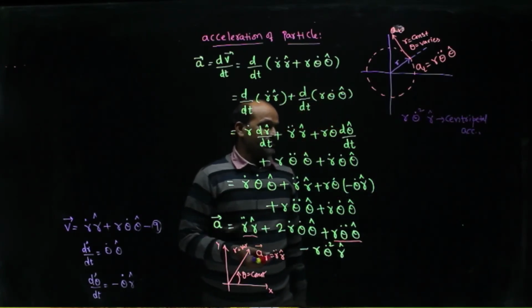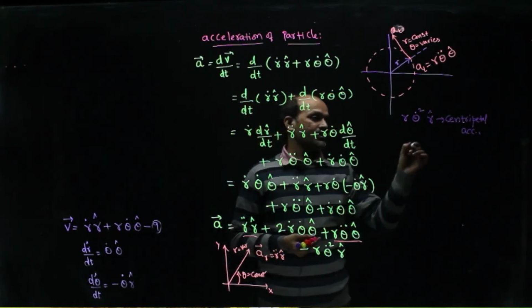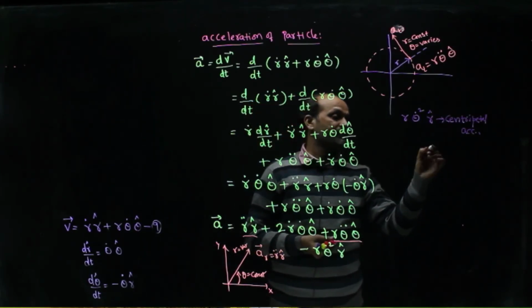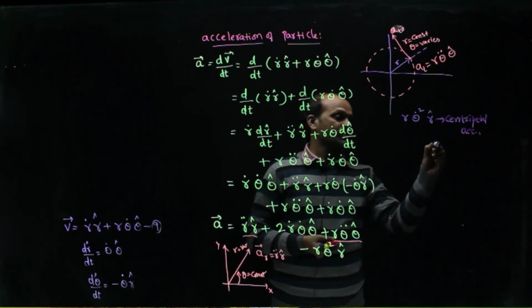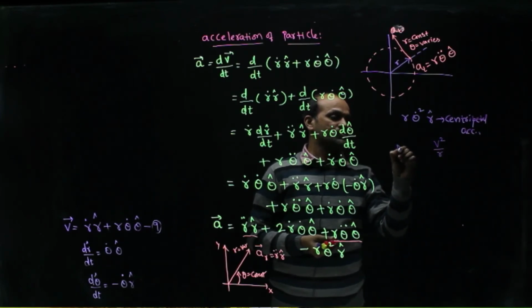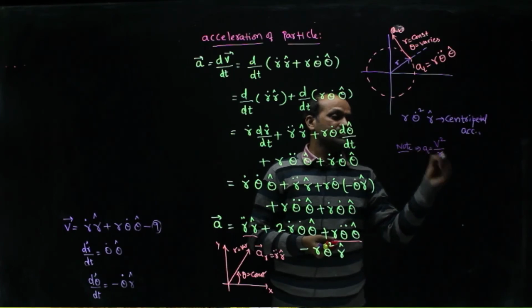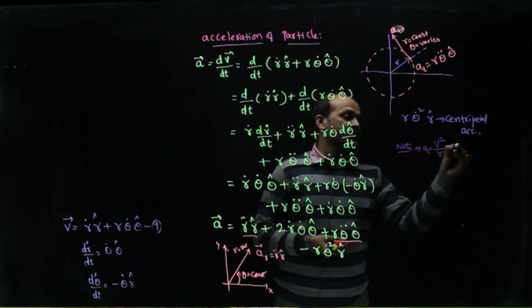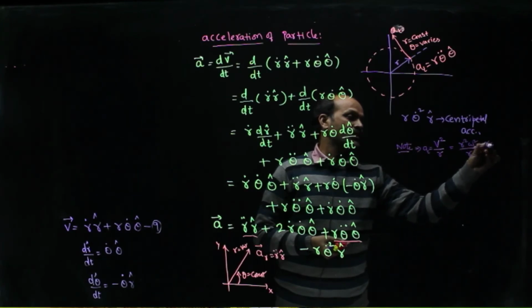Just for your information, in lower classes you may have learned that centripetal acceleration is v square by r. We substitute v equal to r omega, then it is r omega square.